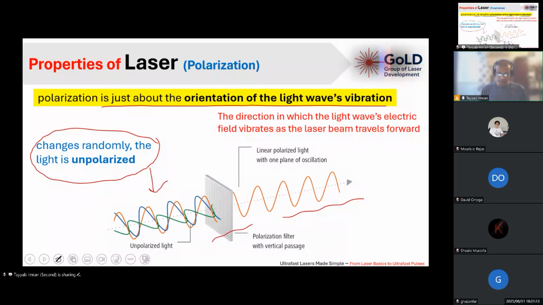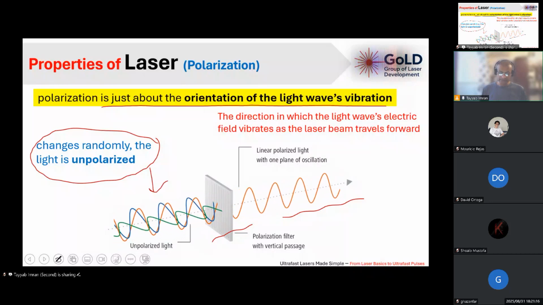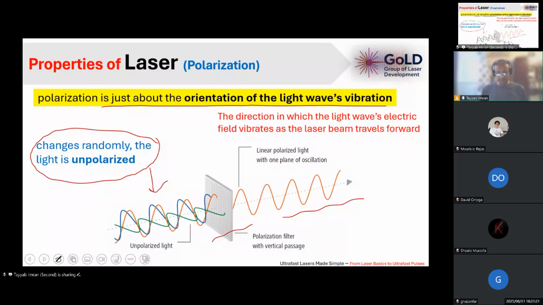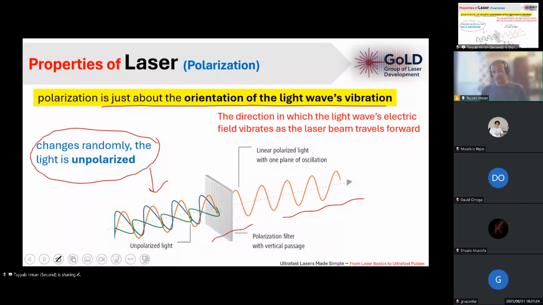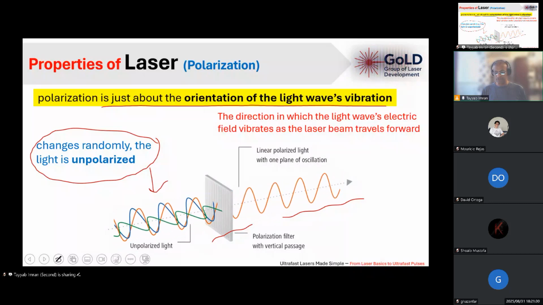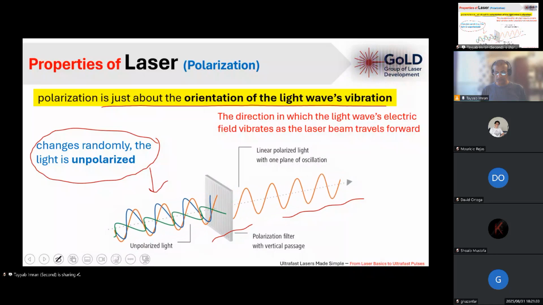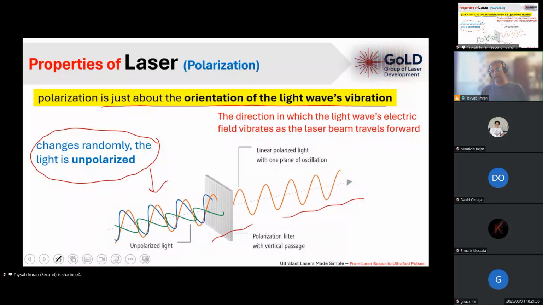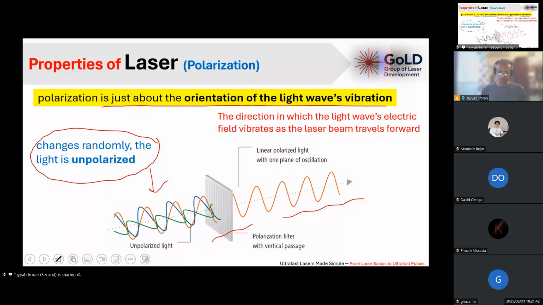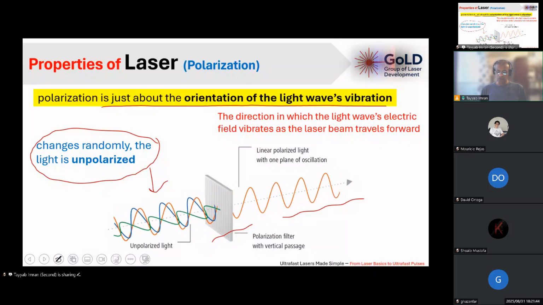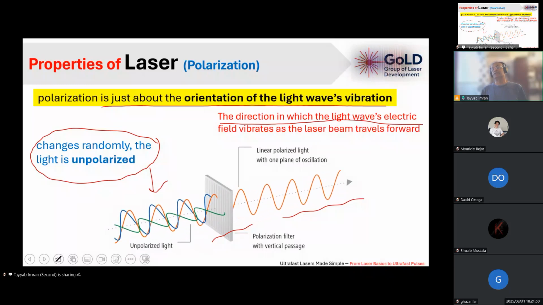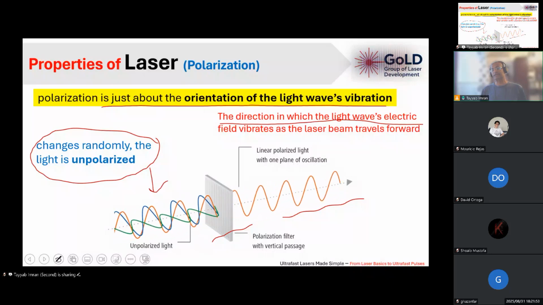I'm just telling you in general to understand what polarization is. Unpolarized light has random orientation of vibration of the electric and magnetic fields, but once it passes through a polarizing filter, it becomes polarized. Laser is already polarized, and we don't need to put any filter for the laser. Here is the direction in which the light wave's electric field vibrates as the laser beam travels forward.